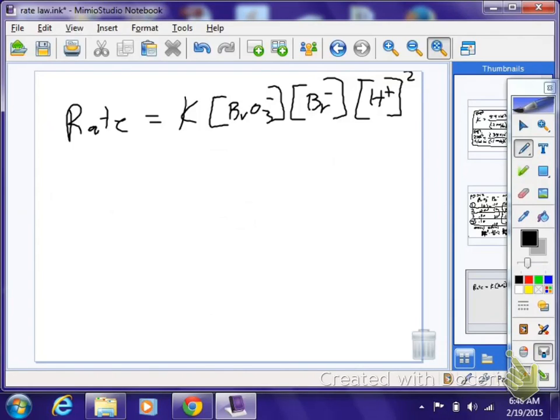So then we would go through the same thing to solve for the constant. For example, we can take experiment 1. So we'll do this real quick. We'll go K is equal to the rate divided by the different concentrations. Okay? So it'll be BrO3, Br, and H plus. So we'll pick experiment 1, 8 to the minus 4th.